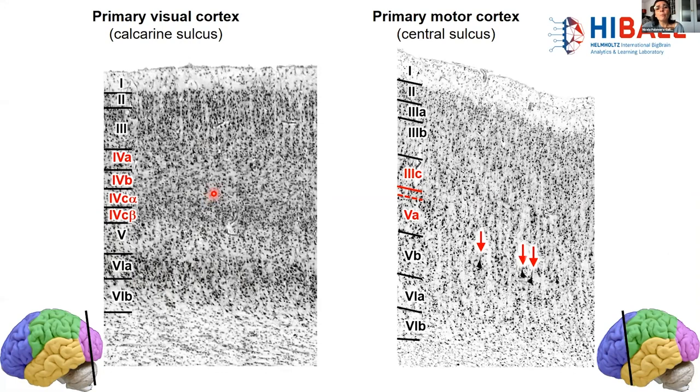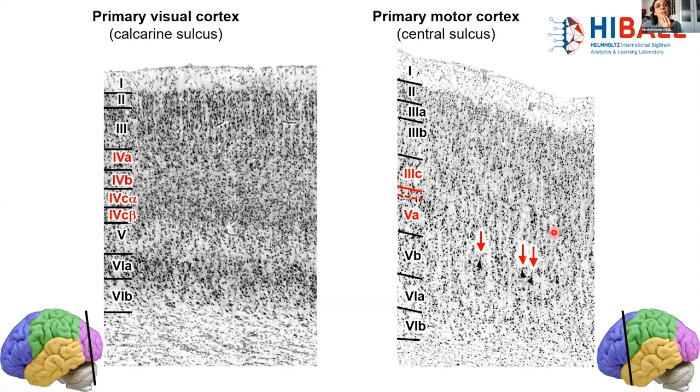And in the primary motor cortex, we've got the opposite situation. Layer 4 is not visible at all because cells from the adjacent layers, so layer 3C and layer 5A, invade layer 4, and that's why we can't see the granule cells that compose layer 4 in the adult primary motor cortex.